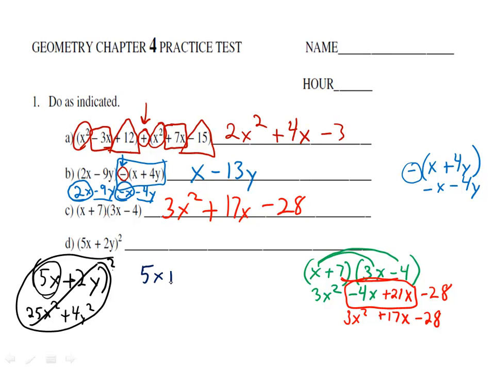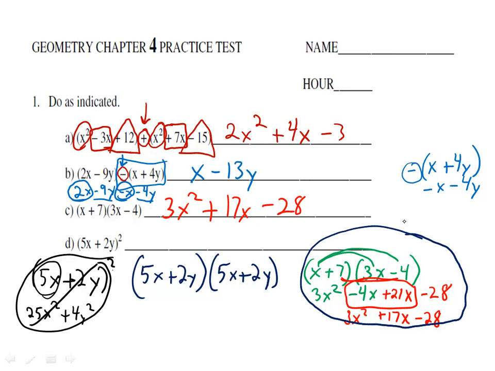What this means is the binomial 5x plus 2y squared. That means I'm going to take it times itself. The whole binomial is squared here. Alright, now it's just like this one. I have the FOIL. Alright, so 5x times 5x is 25x squared. And the 5x has to go times everything in the second binomial. 5x times 2y is 10xy. 2y times 5x is also 10xy.